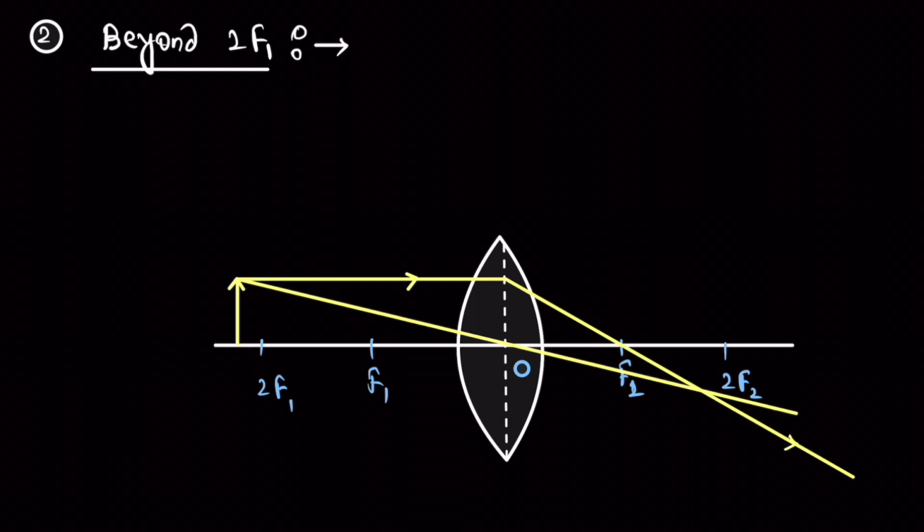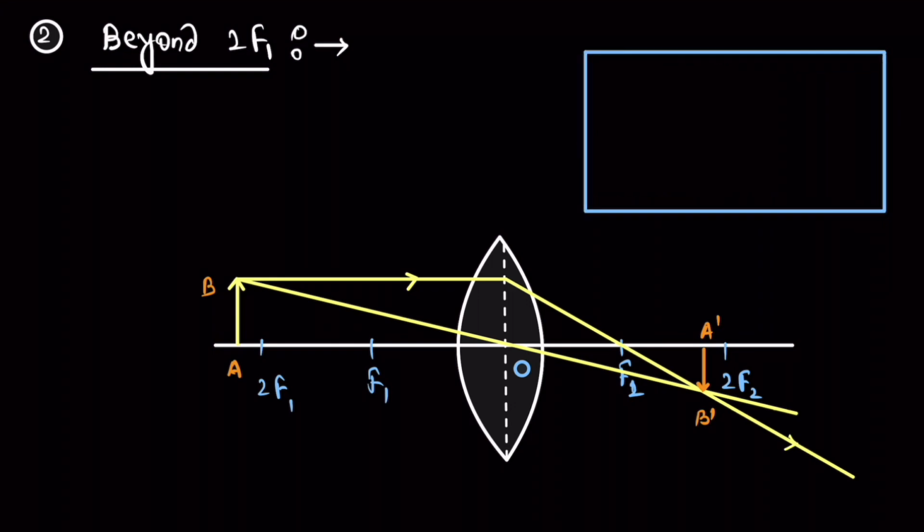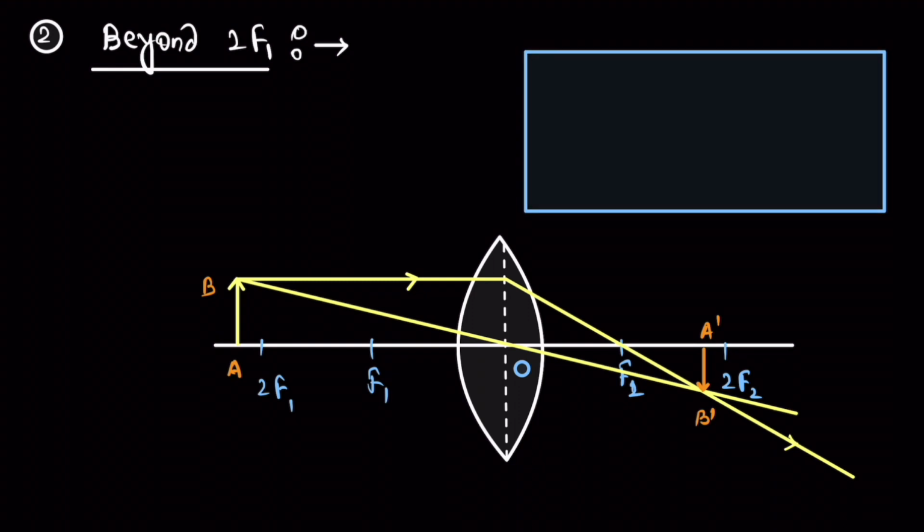So the image is formed between f2 and 2f2. If this is AB, this is A dash, B dash. And it is on the right side of the object, so it means that it is real and inverted. And one more thing you can notice, it is diminished. So here, the nature of the image is: first, it is real and inverted.